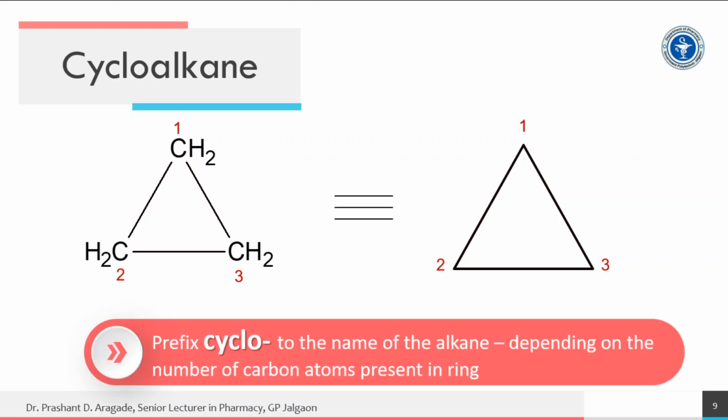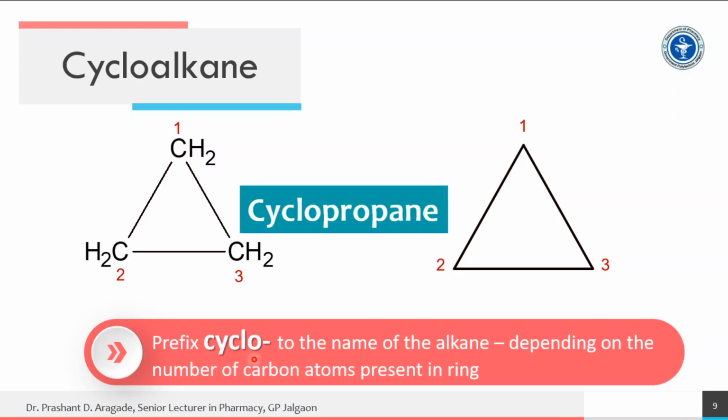Remember that you always have to use a cyclo prefix because the carbon atoms are arranged in a ring, and this cyclo prefix should be added to the name of the alkane. The name of the alkane should be given depending upon the number of carbon atoms present in the ring. In that example, there are 3 carbon atoms. For 3 carbon atoms, the name is propane and you have to add a cyclo prefix. So the name of that ring is cyclopropane.